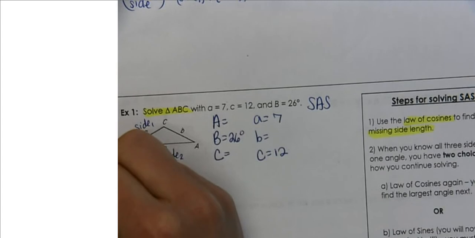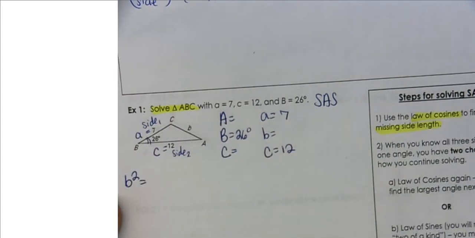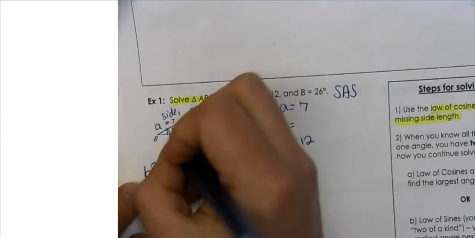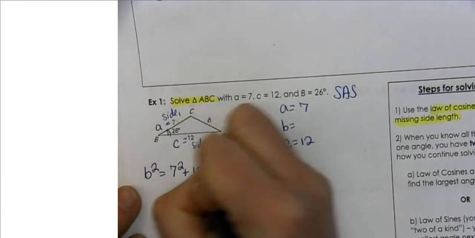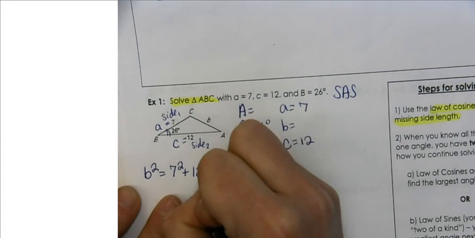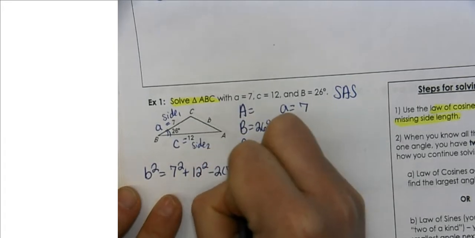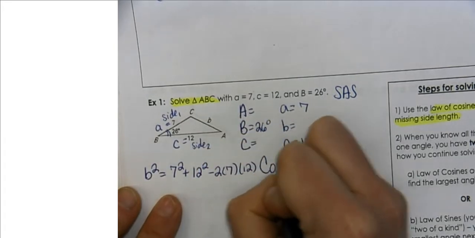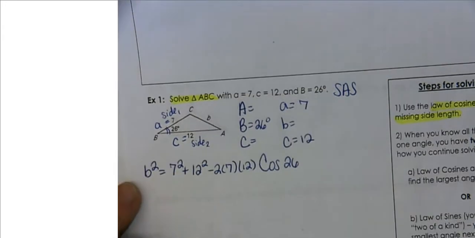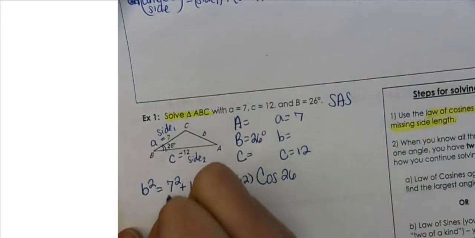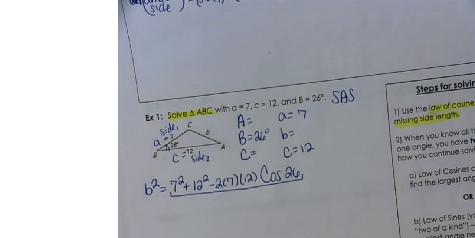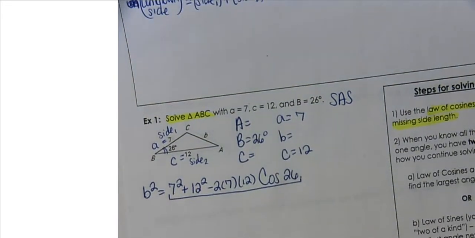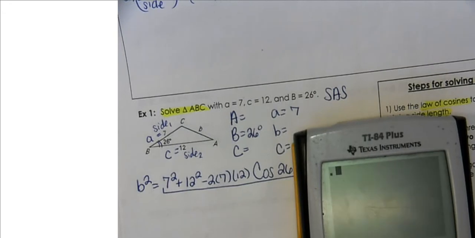So I'm going to write b squared is equal to a squared, so that's going to be 7 squared, plus 12 squared, so those are my other 2 sides, minus 2 times 7 times 12 times the cosine of 26. Now, what's really cool about this is that 7 squared plus 12 squared minus 2 times 7 times 12 times the cosine of 26 degrees, making sure your calculator is in degree mode, that's all a number.